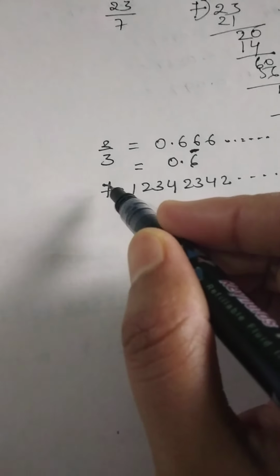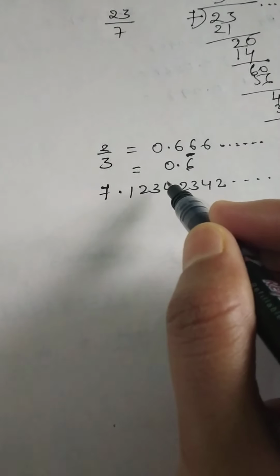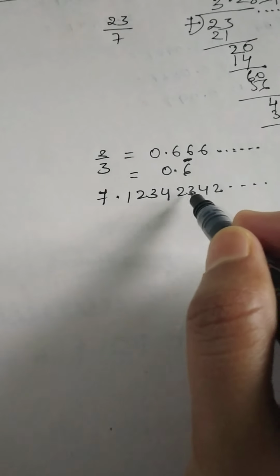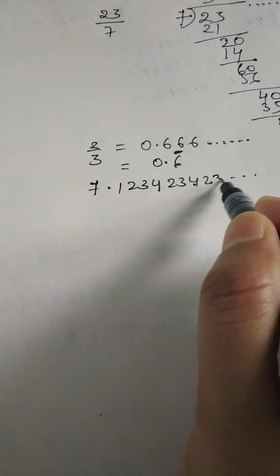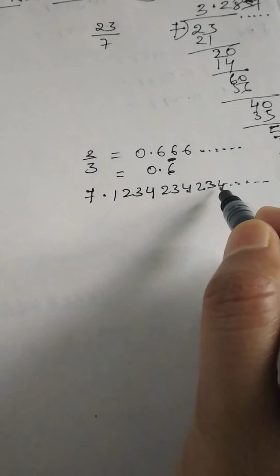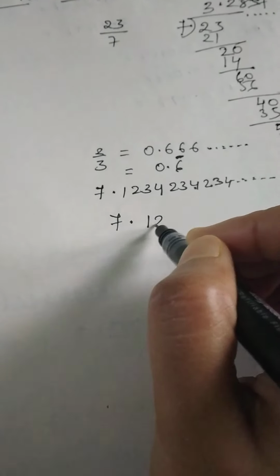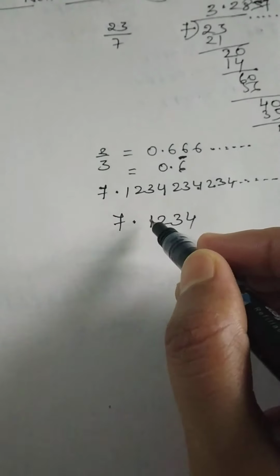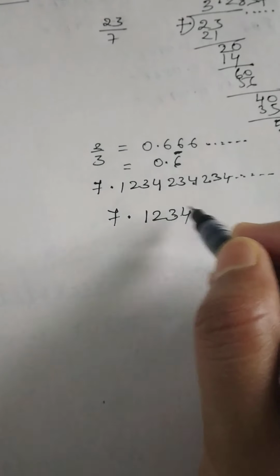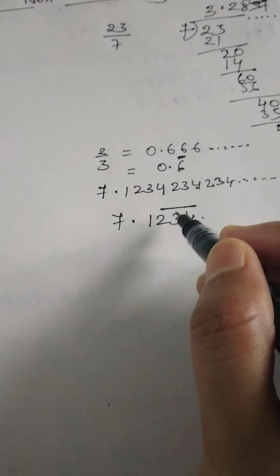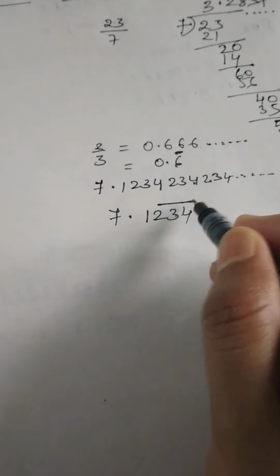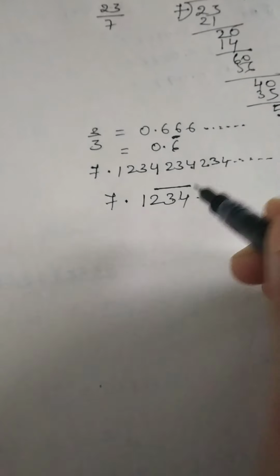One more example, 7.1234. Then 234 and again 234. This 234 is repeating again and again. So we can write it like this, 1 2 3 4. So 1 is not repeating, only 2 3 4 is repeating. So the bar will be above 2 3 4. It shows that 2 3 4 is repeating.